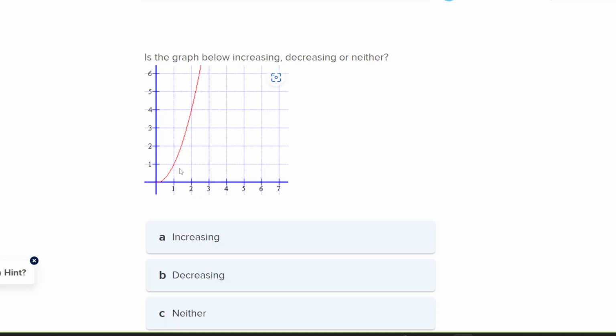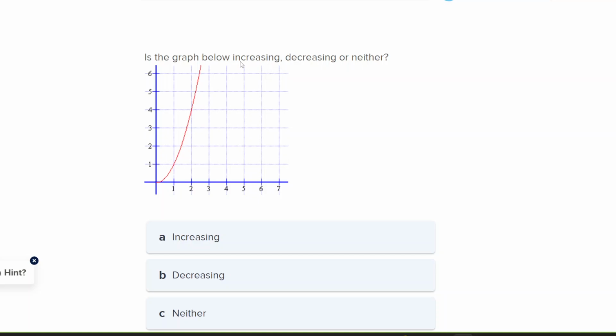Right, so when you're given the graph of a function like we have here, and we can tell it's the graph of a function, this red graph, because every single value on the horizontal axis corresponds to exactly one value on the vertical axis. Every input corresponds to exactly one output in this red graph. So we do have a function here.